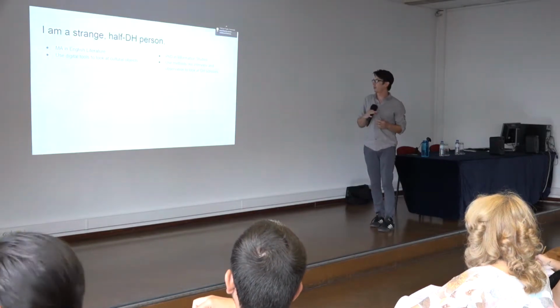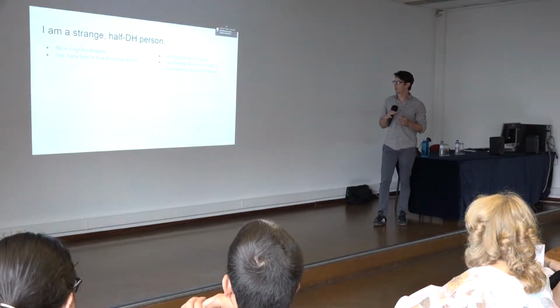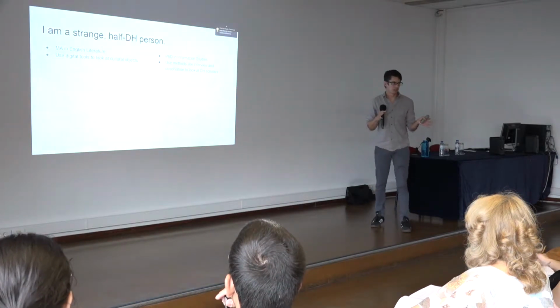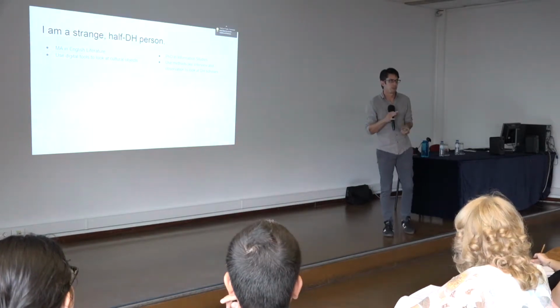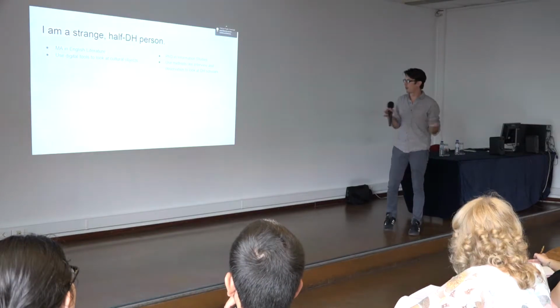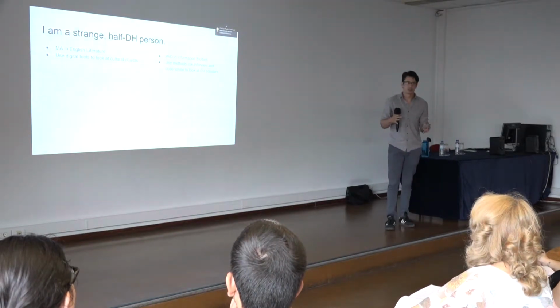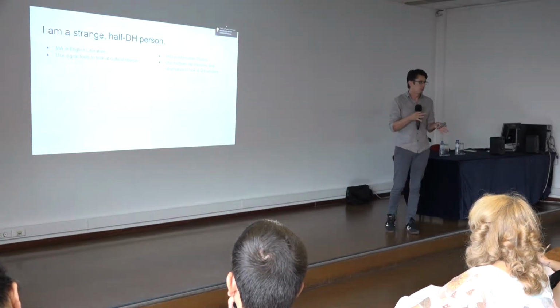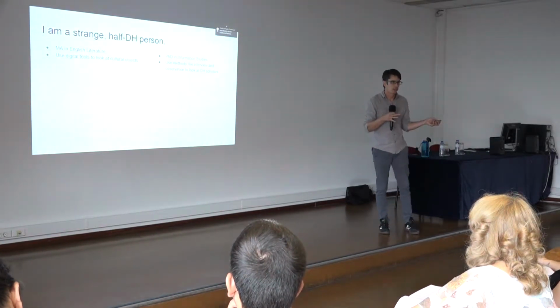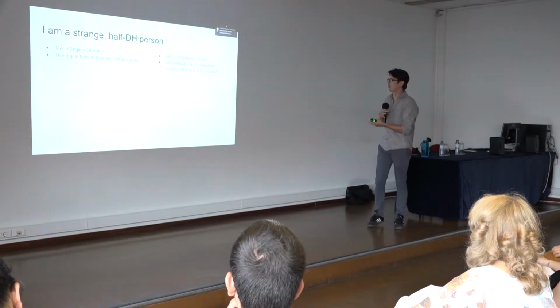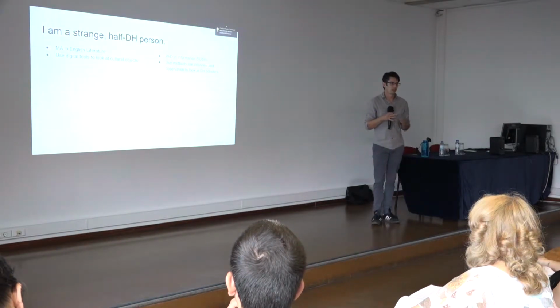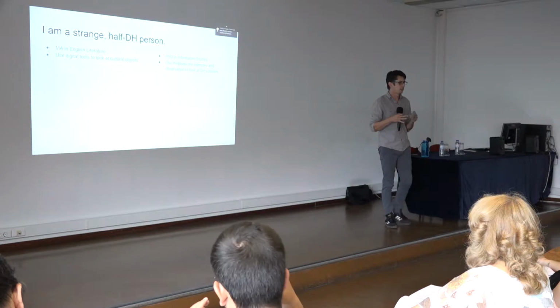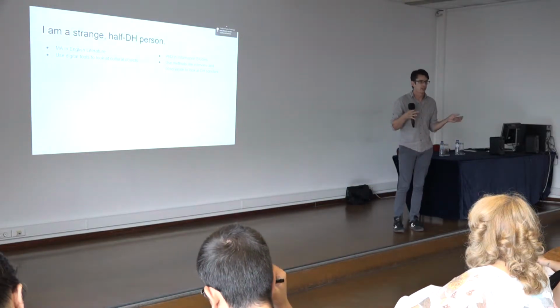But I want to start by saying a little bit about who I am and where I come from, because I am a bit of a strange digital humanities person. I have a master's in a humanities field, English literature, and I do work that looks like digital humanities, using digital tools to look at cultural objects, but my PhD is from an information school, an interdisciplinary place that tends to be more like social science.